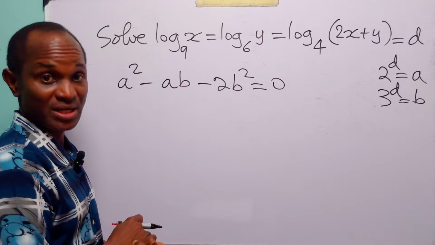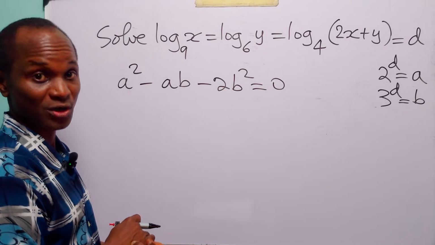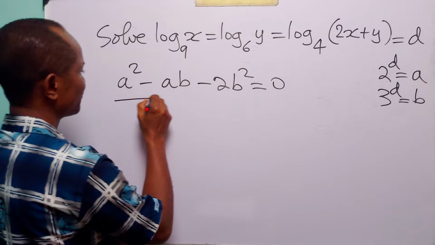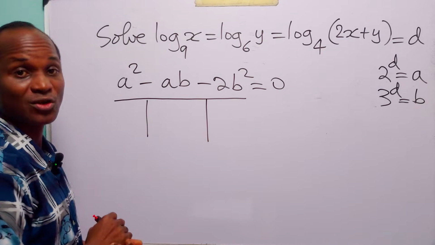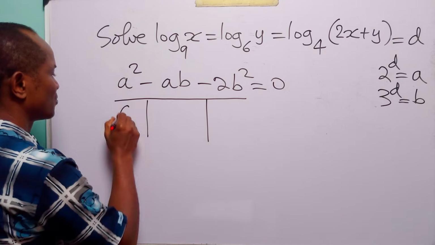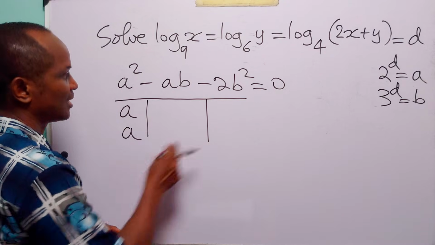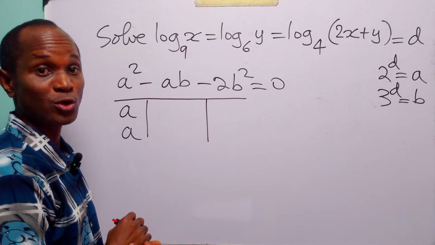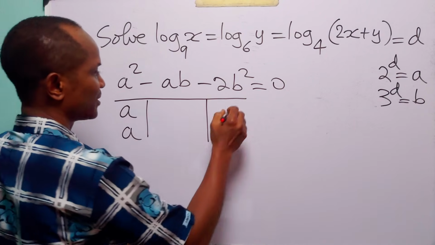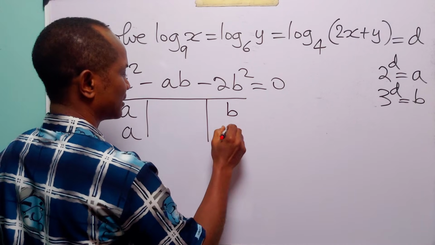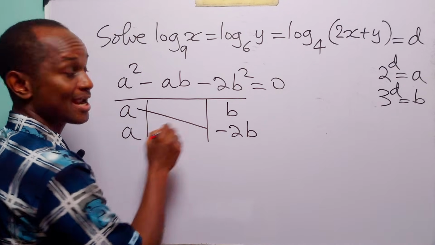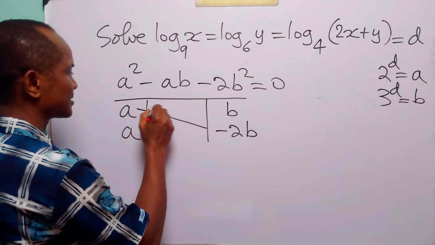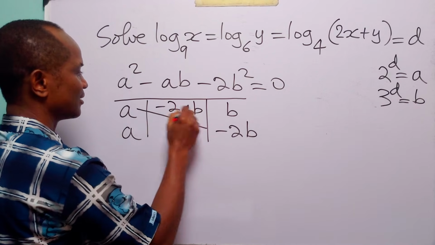Now, to solve this quadratic equation, we use the factorization method, and we factorize using the table method. What are the factors of a squared? We have a and a. What are the factors of minus 2b squared? We have b and minus 2b. Now, when you multiply a by minus 2b, you get minus 2ab.